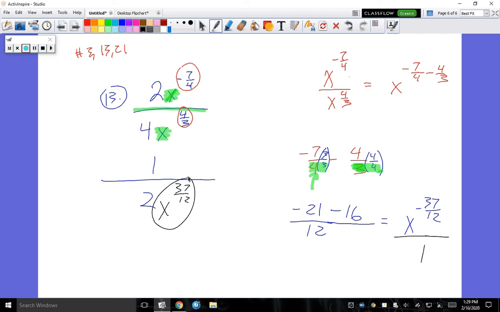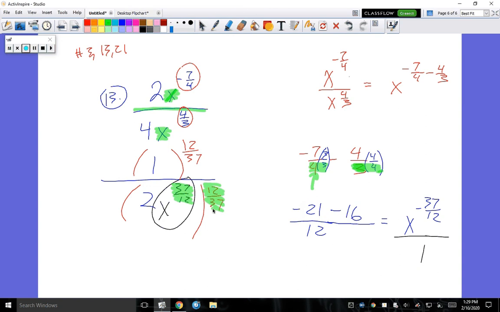So if I wanted to rationalize the denominator, don't put this in your notes, but watch. I would raise this to the 12 over 37. I would raise this to the 12 over 37. Whoops. Because a power raised to a power means you're going to be multiplying these things. What number would these become when I multiply?